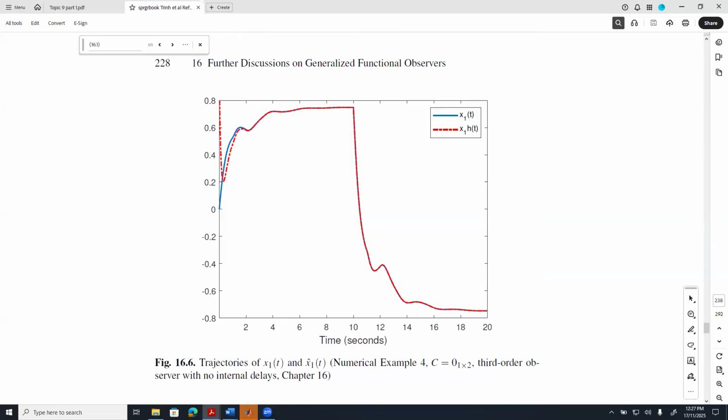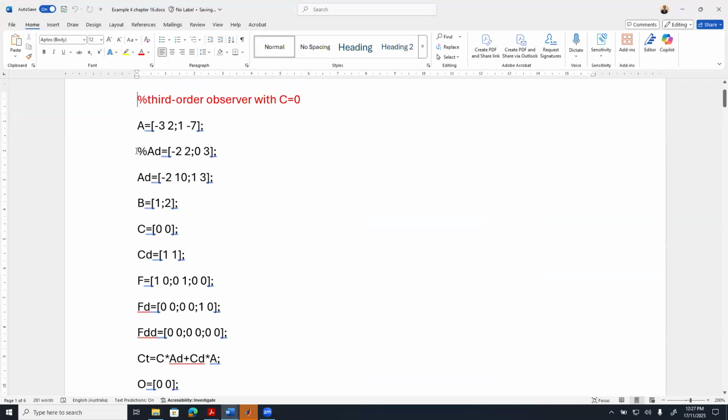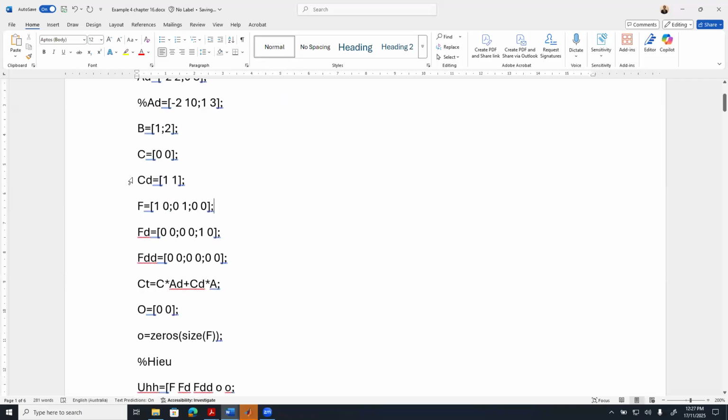Okay, so let's quickly go and have a look at the simulation results. So in here, what we're having is the situation where matrix A is given and ID is given, and here matrix C is 0. There, you see that. And matrix CD is the one.